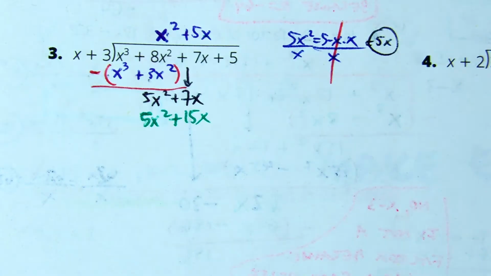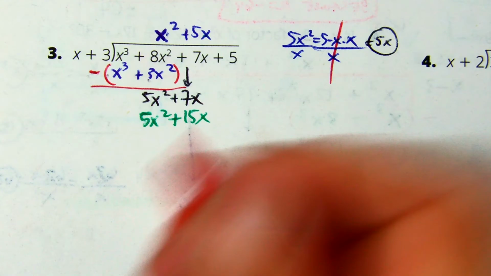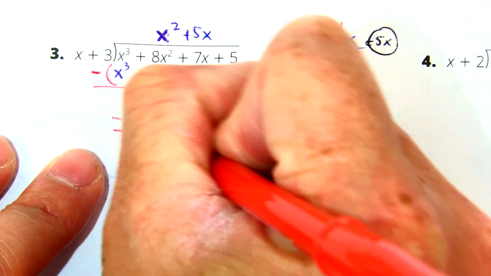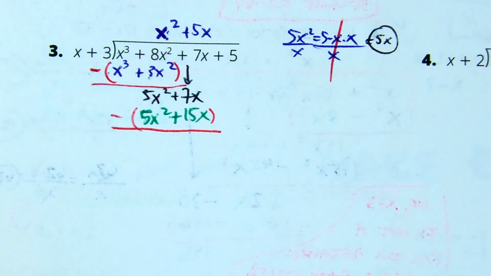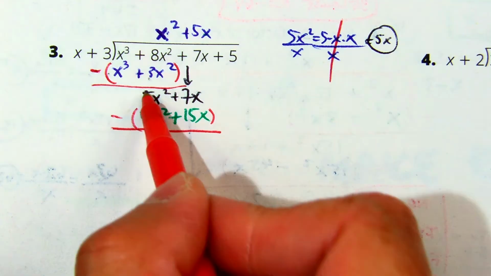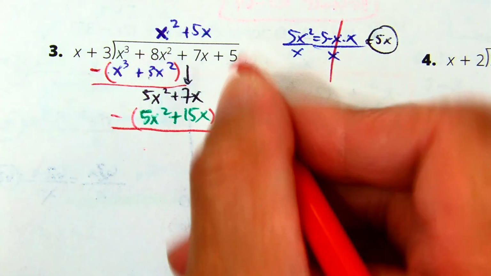Good job. Saul, what's next? Let's do it. Yeah, 5 minus 5 is 0. 7 minus 15 is negative 8x, which is correct.